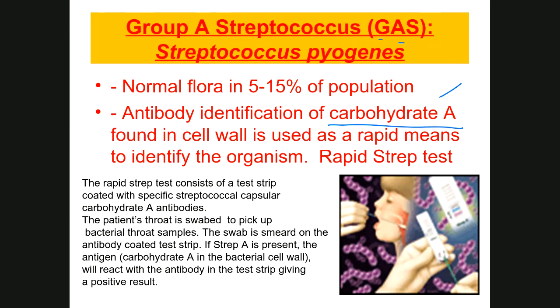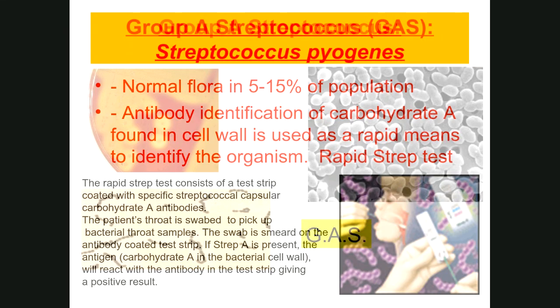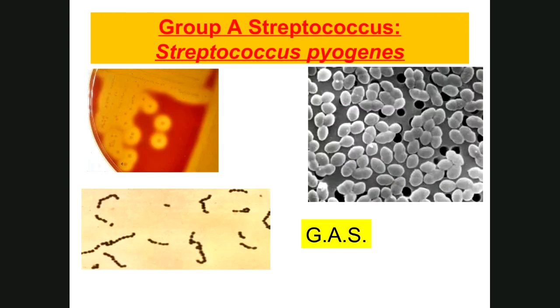So during this test, the nurse will swab the patient's throat and then add some reagents that have the antibody against carbohydrate A. And if there is a reaction, that means the patient has a Streptococcus. So within a matter of a few minutes, they can know whether they're dealing with a strep throat or not. So this is the rapid strep test. Okay. So the Streptococcus makes very tiny colonies, beta hemolytic. That's beta hemolysis.